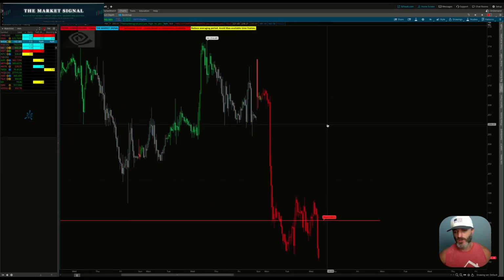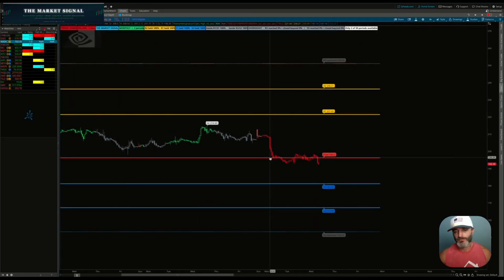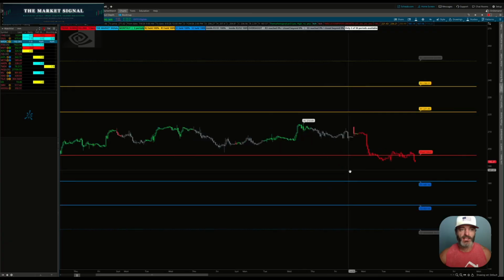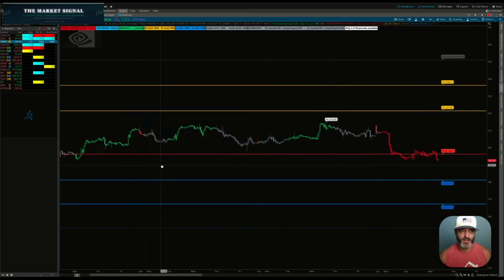NVIDIA having a hard day. Finally broke below the bull bear line, the pivot on the monthly, and it is having a bad day, down 2.5%.